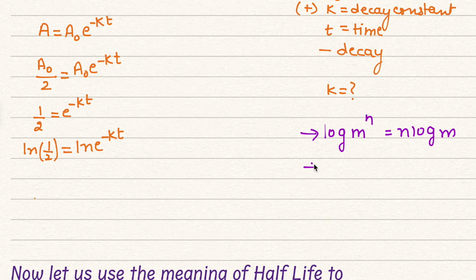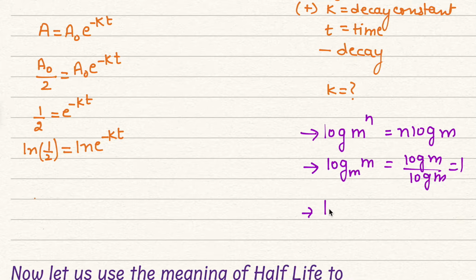And the second property is, if you have some base, log of m to the base m, this becomes log of m over log of m, which is equal to 1, right? So if base and number are the same, this becomes equal to 1. So if I convert this base and this into e, it will be 1.